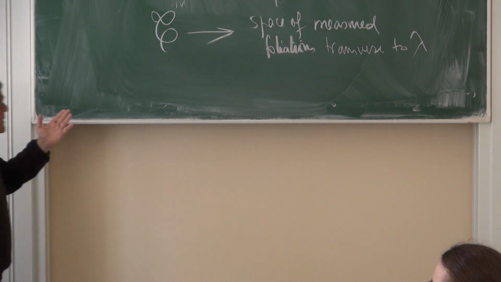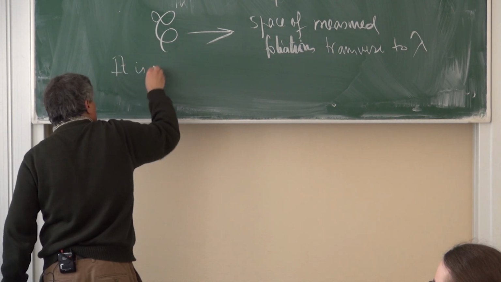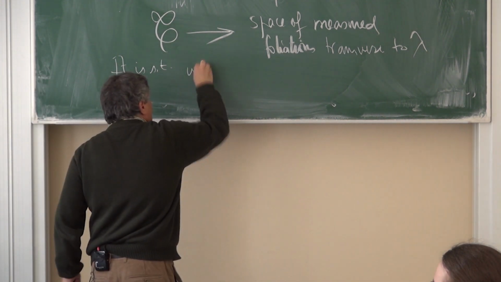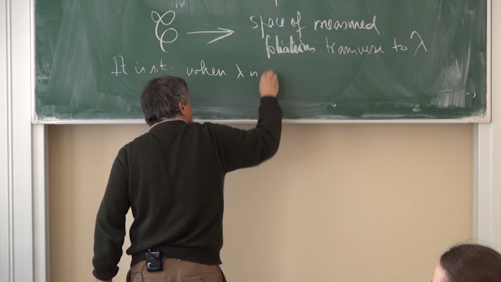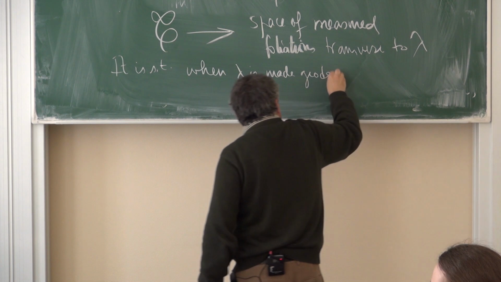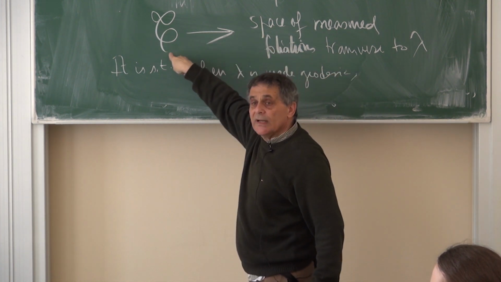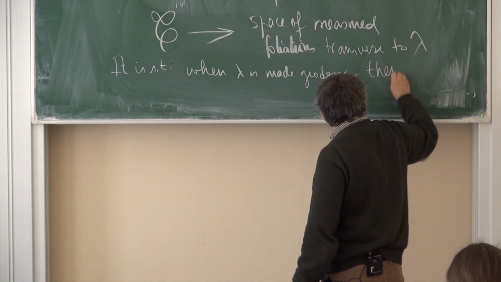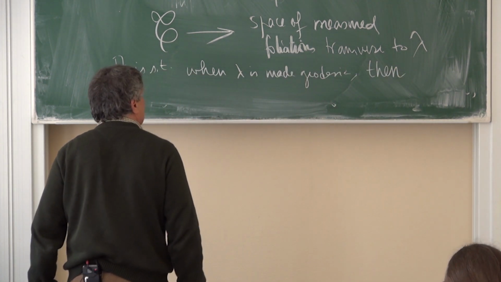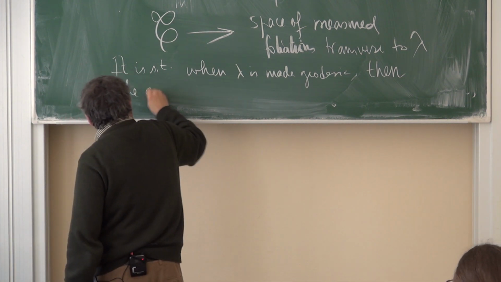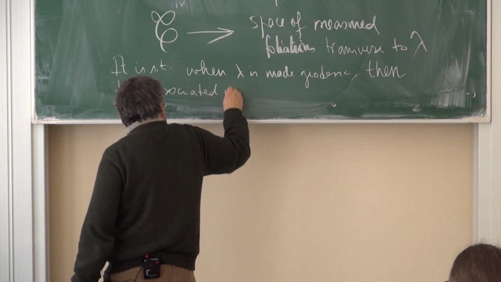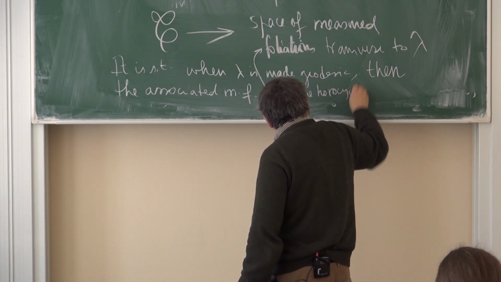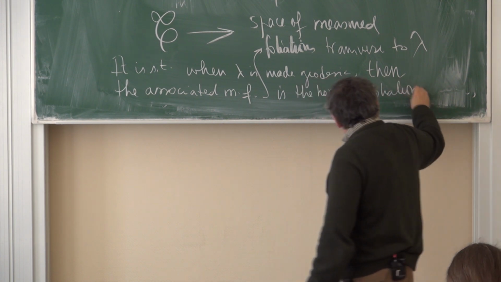And this homeomorphism is such that when I take a point here, then I can make lambda geodesic for this hyperbolic metric, then the associated measured foliation here is the horocyclic foliation.